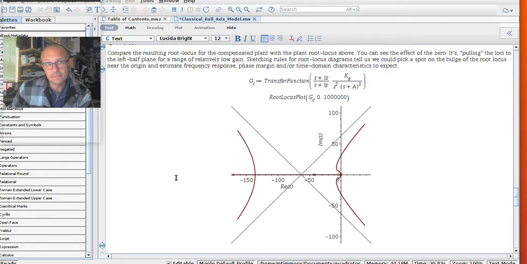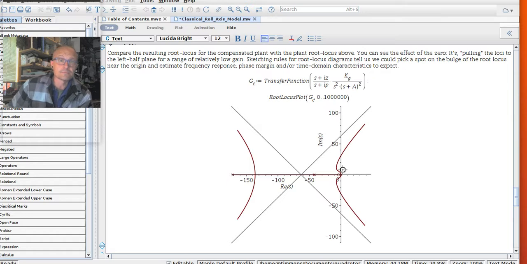But again, these faster dynamics are relatively insignificant. And if we were to zoom in on this region and look at a controls textbook, even for a second order plant, we would know that a pole around here is going to give us a natural frequency that is given by the magnitude of the pole location, and the phase margin is going to be a function of this angle.